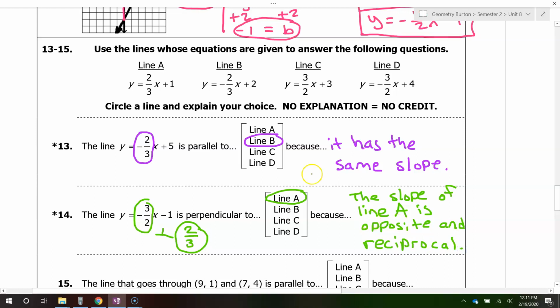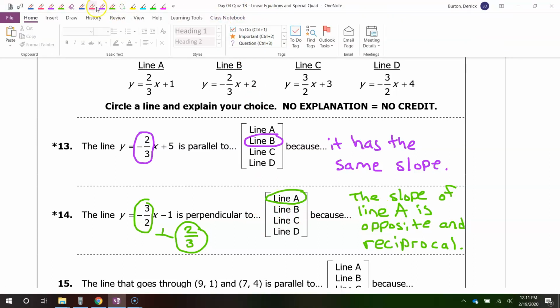Okay, boom. Parallel lines, same slope. Perpendicular lines, opposite and reciprocal. That's the key. Okay, I can't wait to see what comes next.